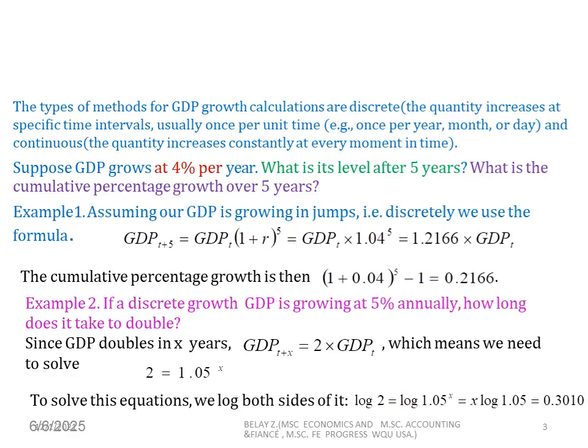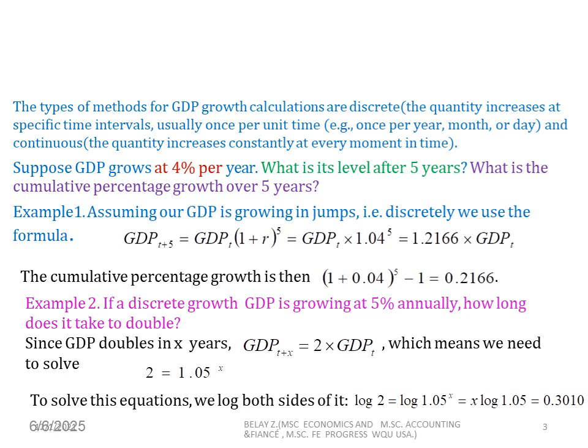Example 2: if the discrete GDP is growing at 5% annually, how long does it take to double itself? How long does it take to double GDP? Since GDP doubles in x years, which we don't know, we have to take a variable x.